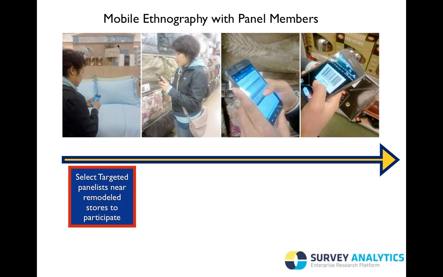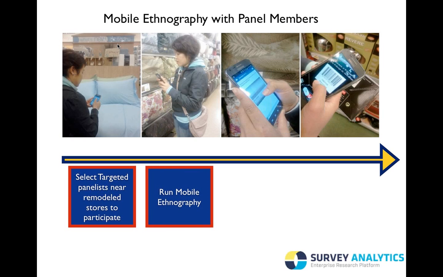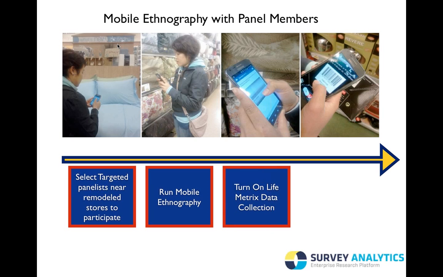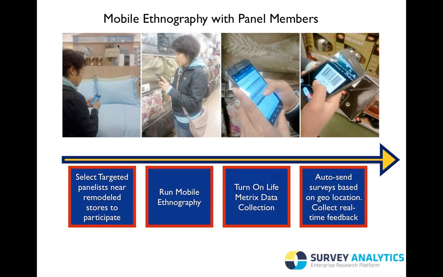In the test stores, what we want to do is select panelists in the area to participate, again, in mobile ethnography or geofencing survey on new and existing brands found. And so again, we're going to be inviting people to walk into the stores and then gather feedback from them. And after you collect all the data, you want to do some follow-up surveys to previous participants to give feedback on new rolled out branded mini stores, and see how are these things doing?